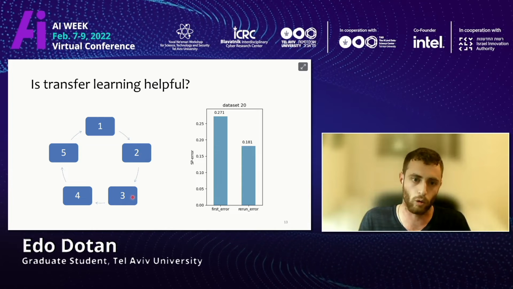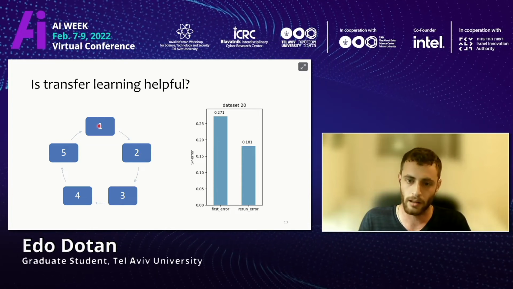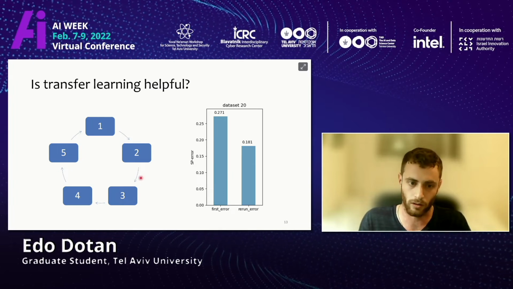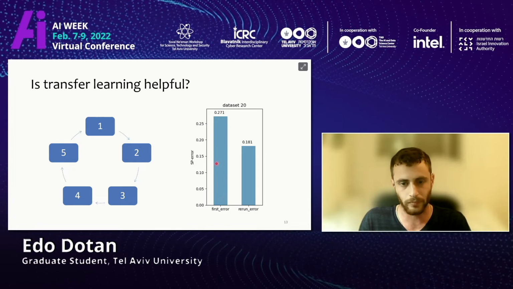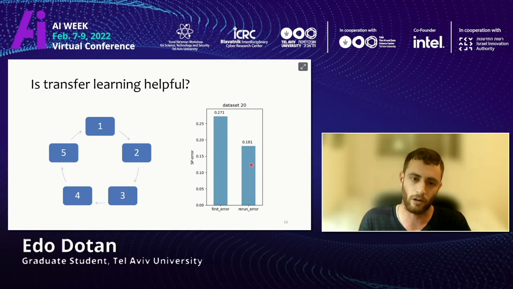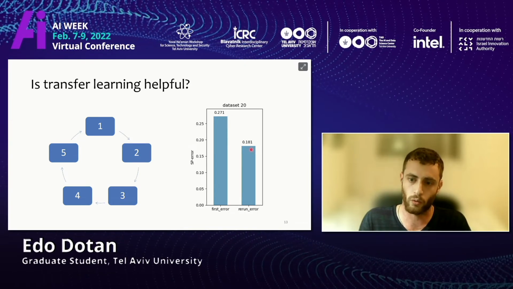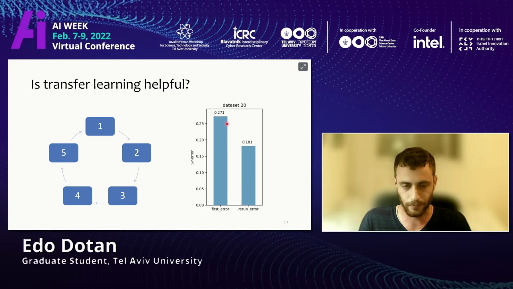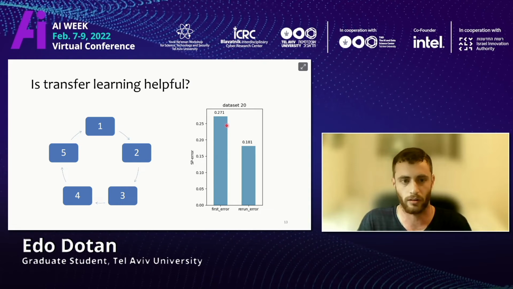After training on multiple datasets, we returned to dataset 1 and we measured the results again. So the left bar here represents our initial error, and the right bar represents the error after using the transfer learning. So you can see we reduced the error by about 25%. So we can say that in our case, transfer learning increased the performance.